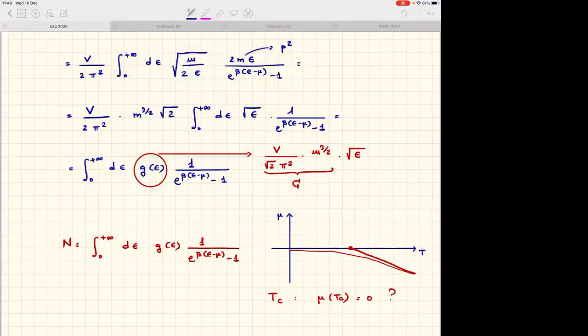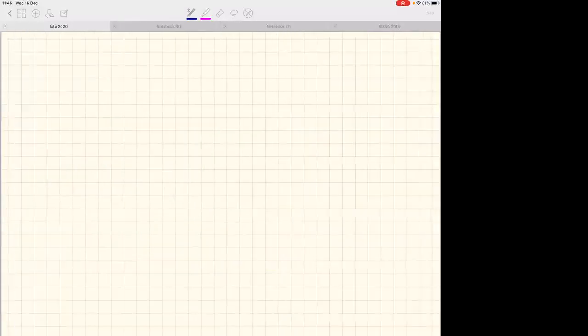Anyway, how do I find whether there is a temperature for which the chemical potential is equal to 0? Well, let me set the chemical potential equal to 0, and let me find the temperature T for which n is equal to the integral between 0 and plus infinity d epsilon of g of epsilon 1 over e to the beta epsilon minus 1, right?